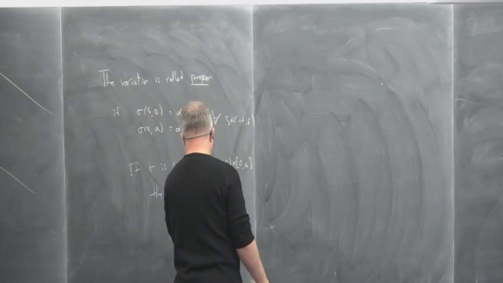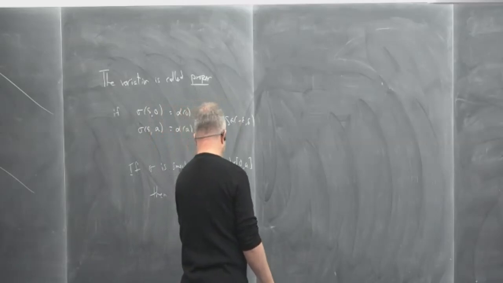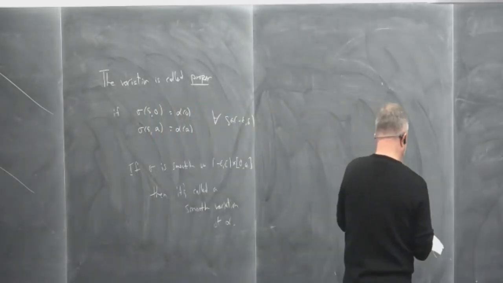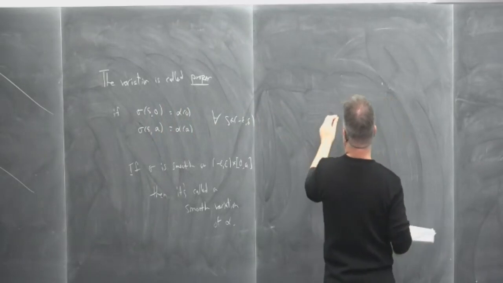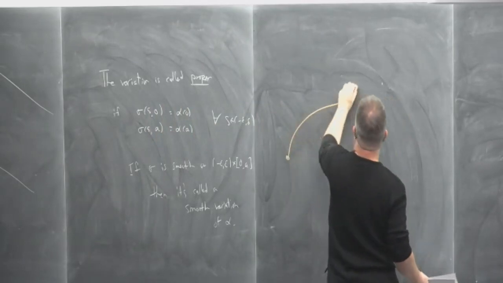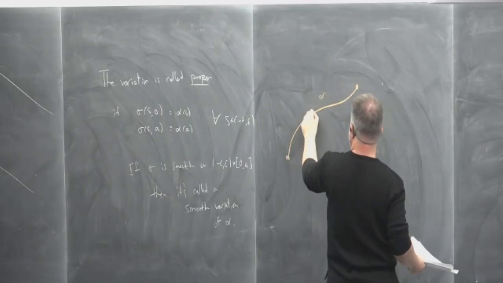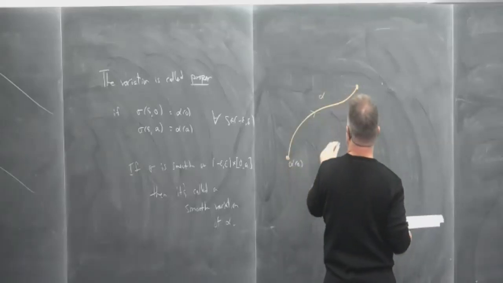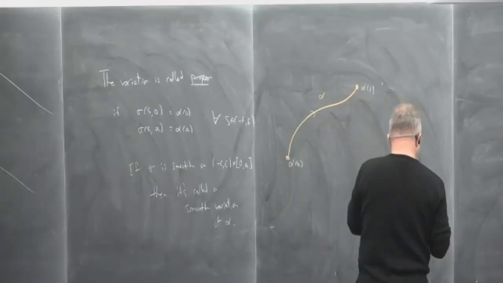So let me draw a picture. It's probably easier to draw the proper variation first. Here's a curve alpha. This is alpha of 0, alpha of 1.